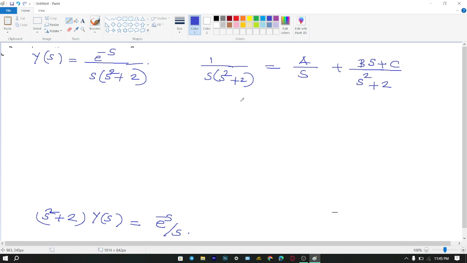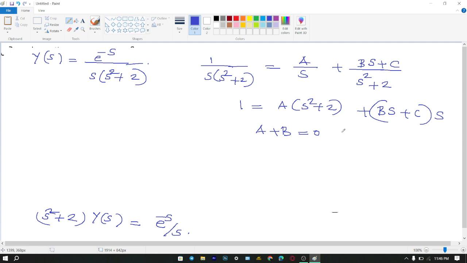Now taking the LCM, you can see that 1 is equal to a into s square plus 2 plus bs plus c into s. Now compare the coefficient of s square on both sides. So you have a plus b equal to 0.